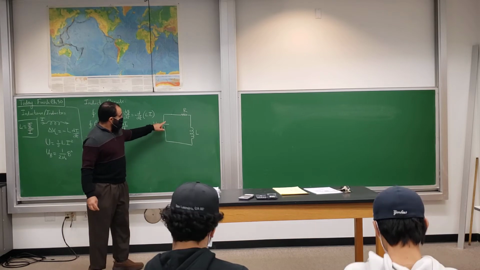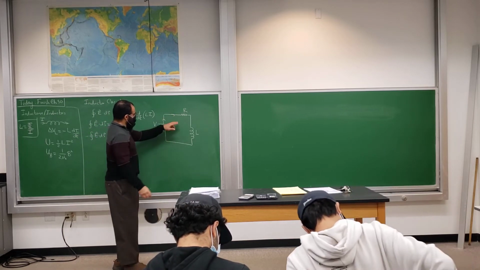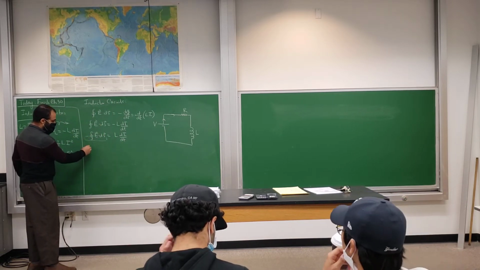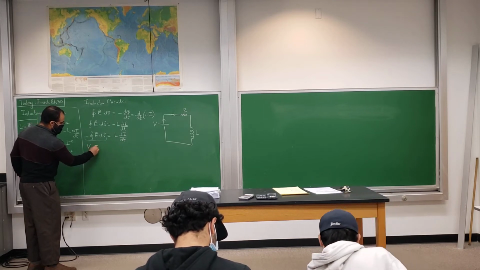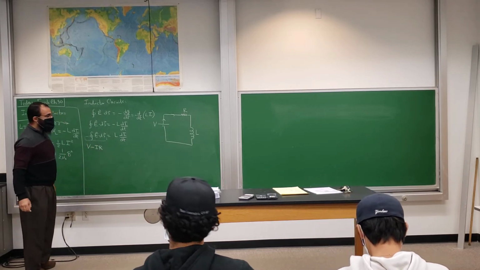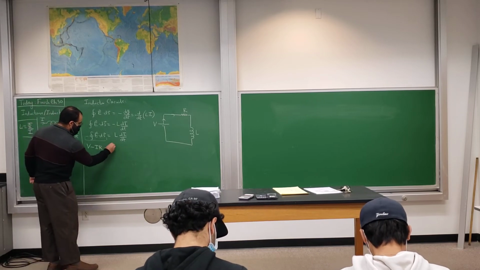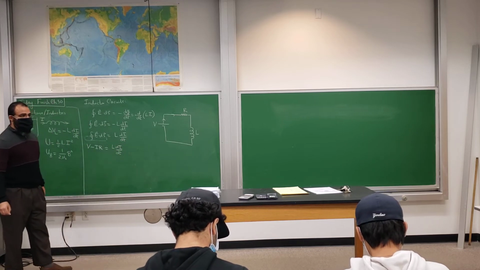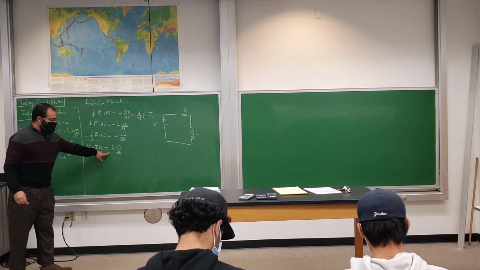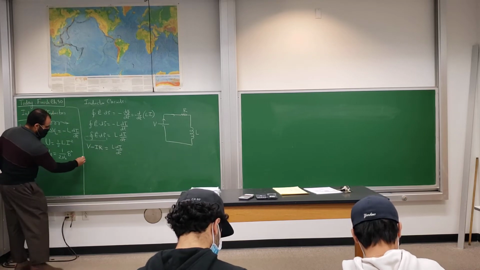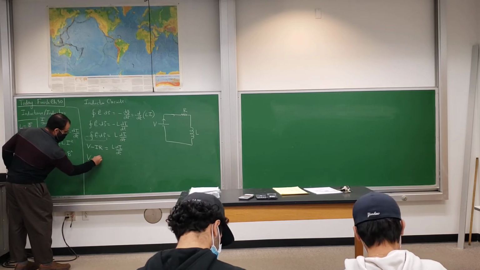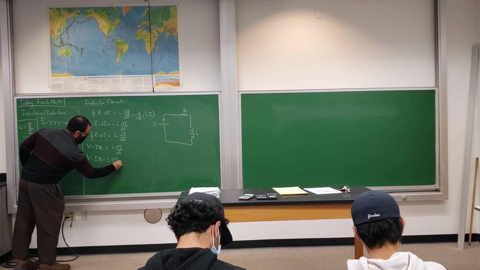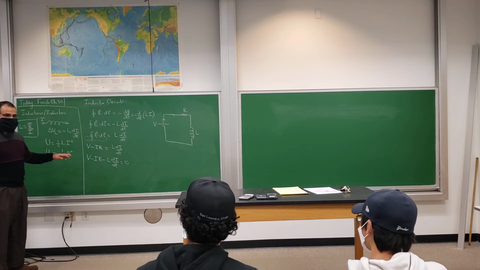V. And if the current is going like this, this whole integral with the minus sign is the potential difference. So you get V, and then minus IR equals L di dt. Move the L di dt to this side, and it equals 0.